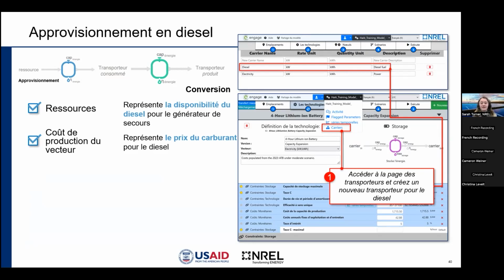Creating a supply technology for diesel is a straightforward process, since the only parameters you'll be populating will be the available resource and the carrier production cost parameters, which the latter represents the price of fuel. First, we must create a new carrier to represent diesel, and for simplicity, we will use the kilowatt hour to represent the measure of energy in the fuel.